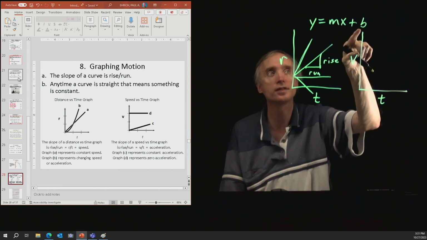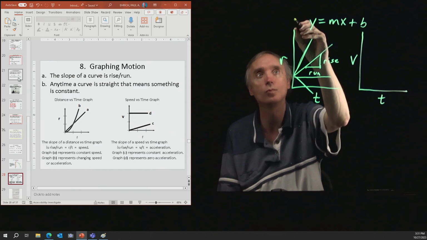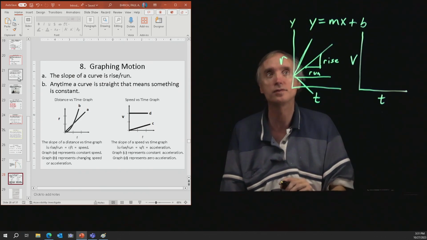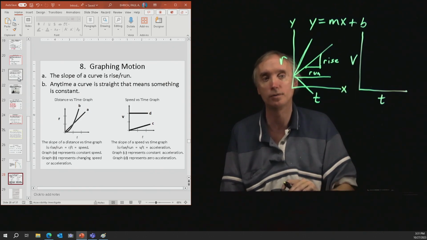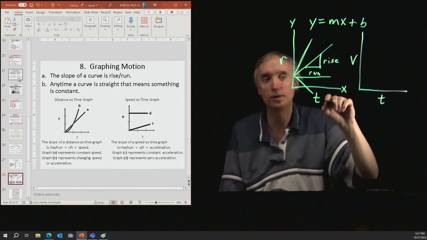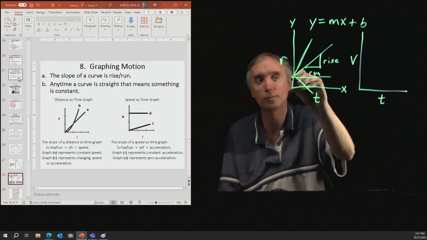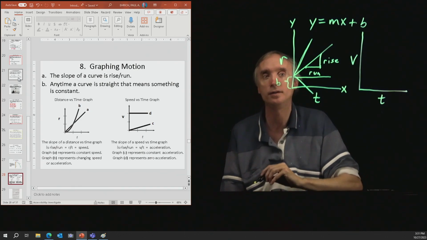And then this thing over here, you've got the slope times x. Y is always going to be up and down, and x is always going to be sideways. The b is going to be called the y-intercept, and what that represents is this distance right here.